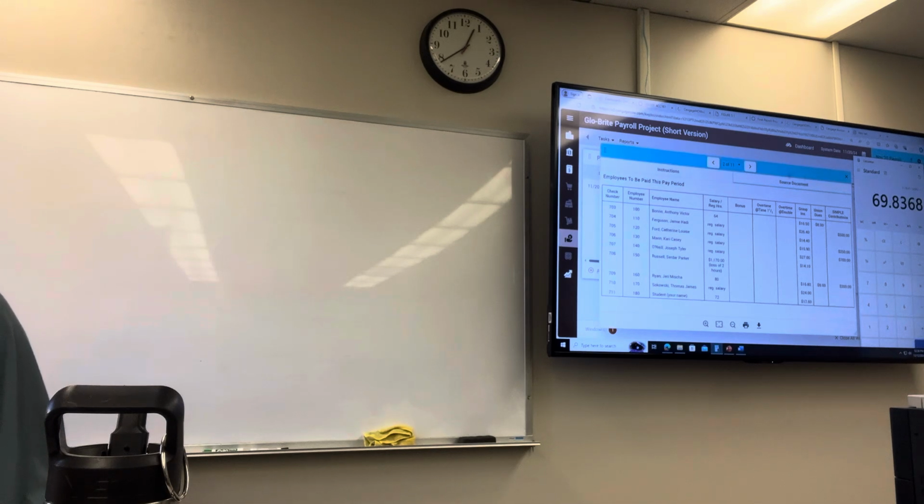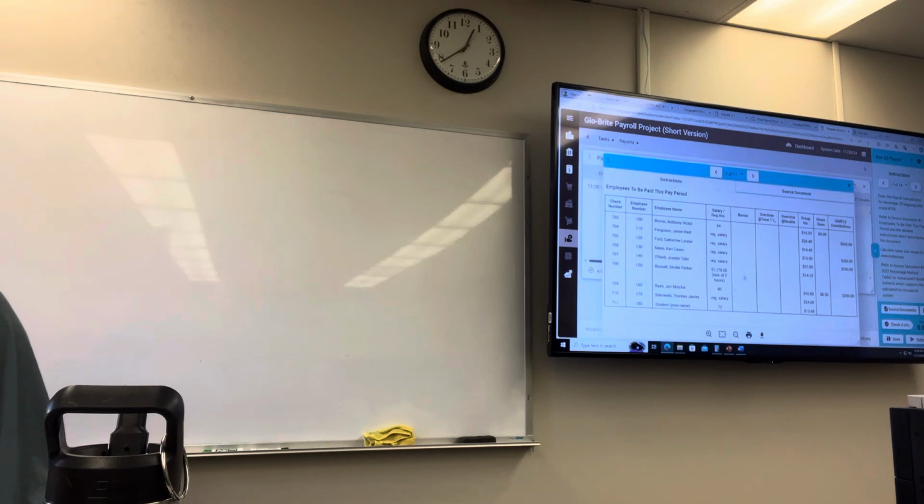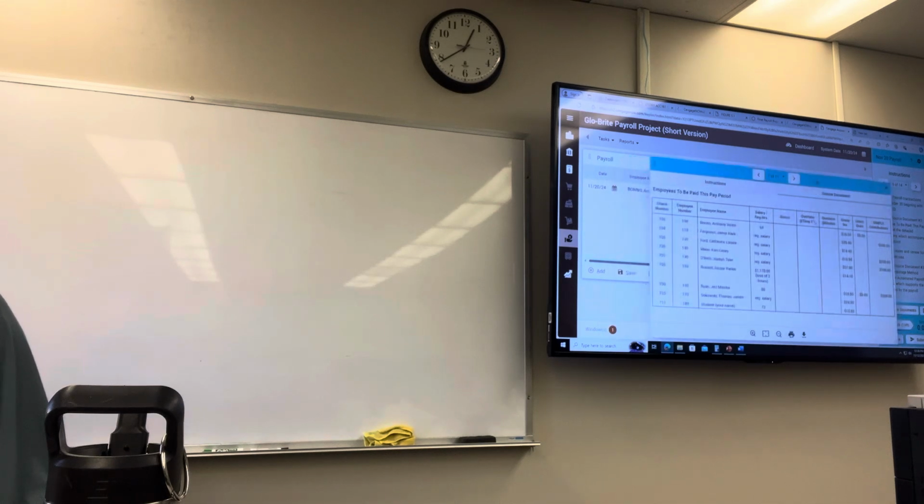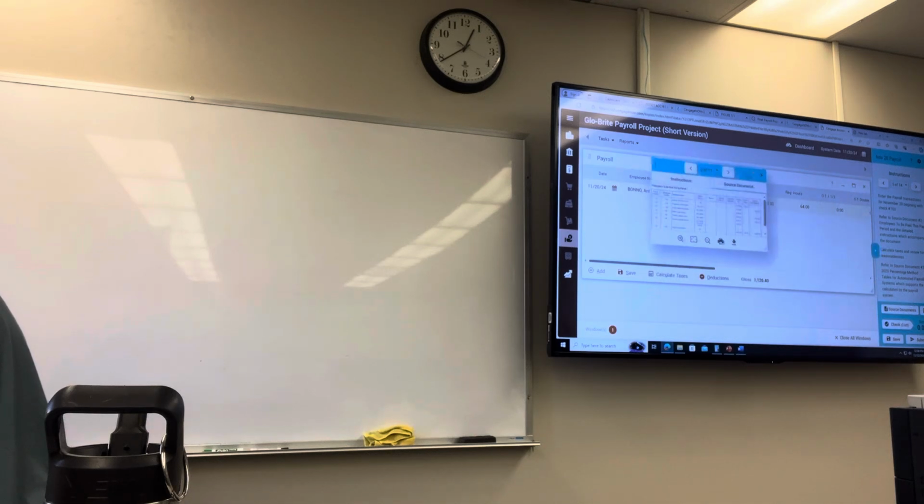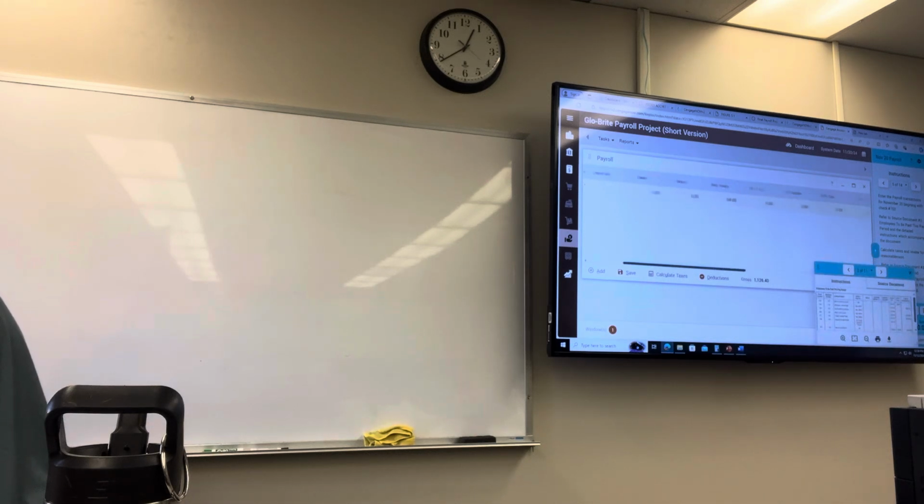So his Social Security should be $69.84. Okay, so I calculated properly.